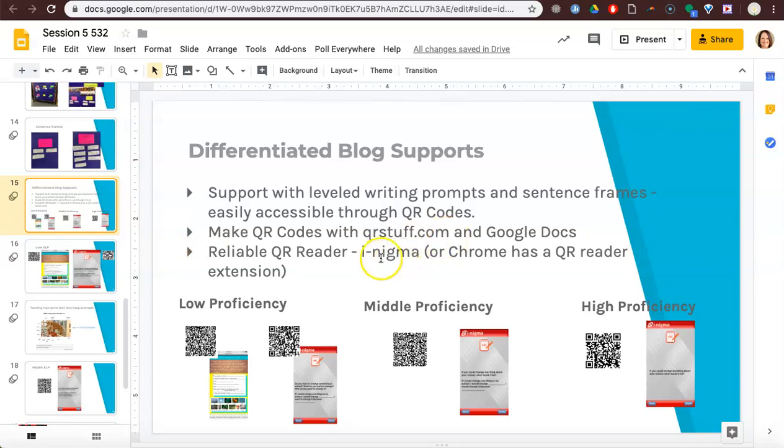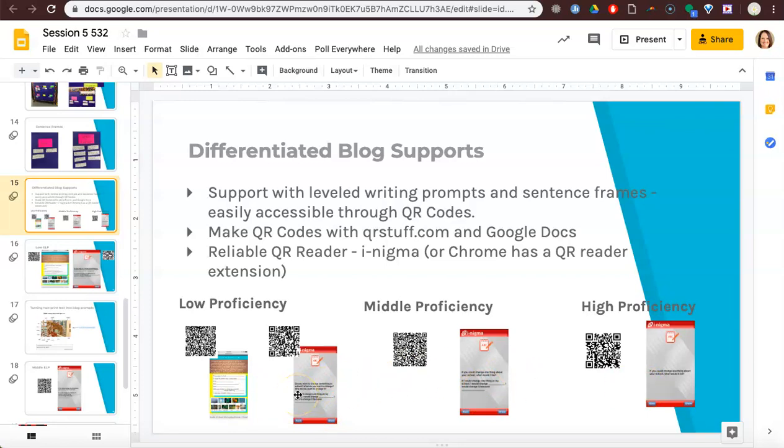So I usually use Enigma. Now your phone or tablet camera is pretty good at catching this. When I was in the classroom, it didn't have that function, so I used Enigma for my students on iPad. And so what we did is I took a blog prompt, and I had leveled versions of it.